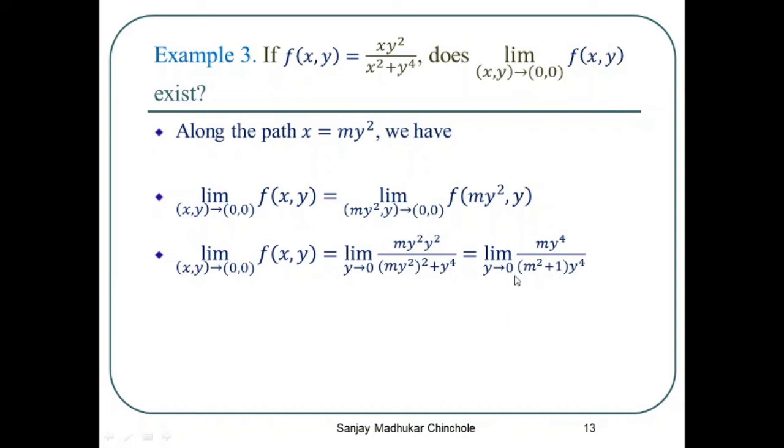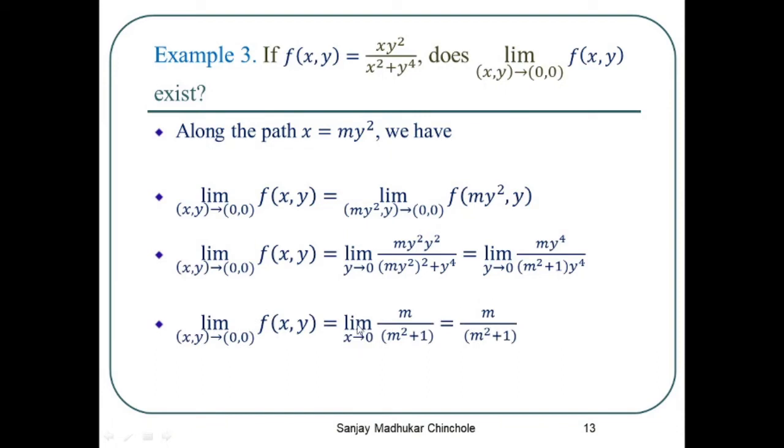Now, as y approaches 0, y is not equal to 0. Therefore, we can cancel the y raised to 4 factor from numerator and denominator, so as to get the limit as y tends to 0 (instead of x tends to 0, it will be y tends to 0) of m upon m square plus 1.